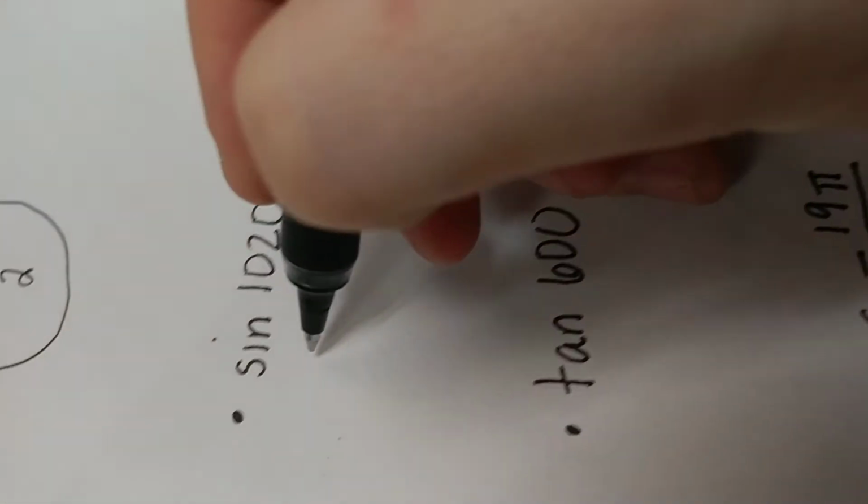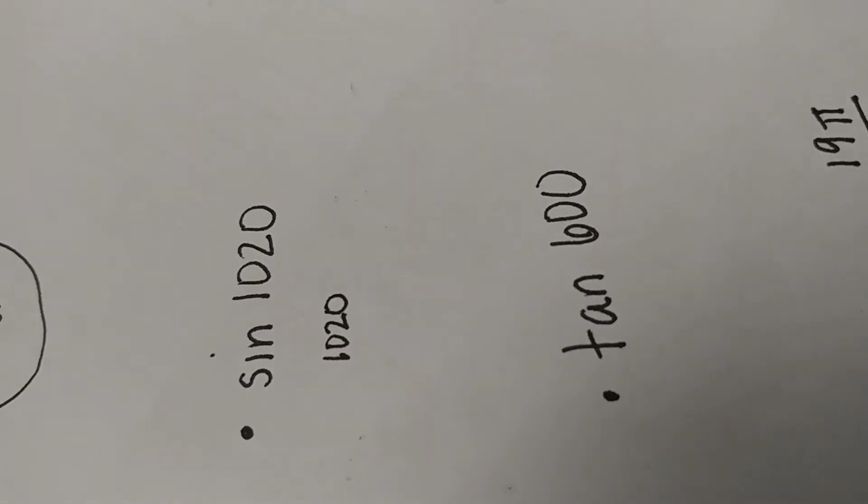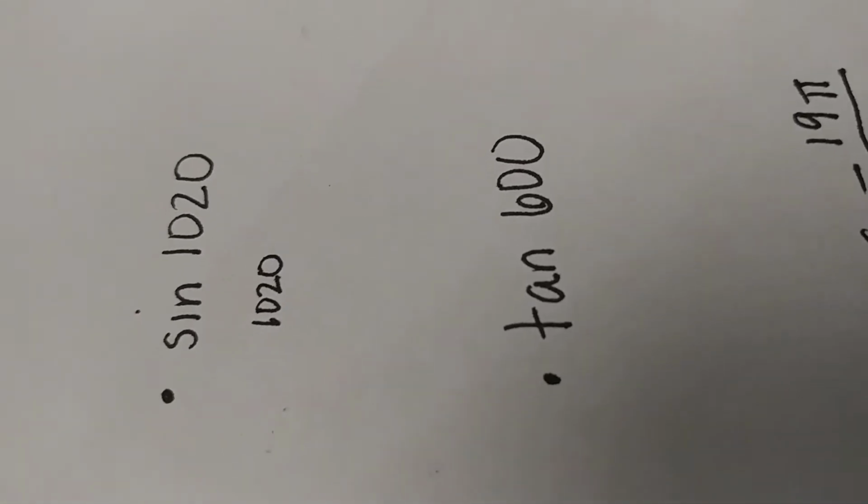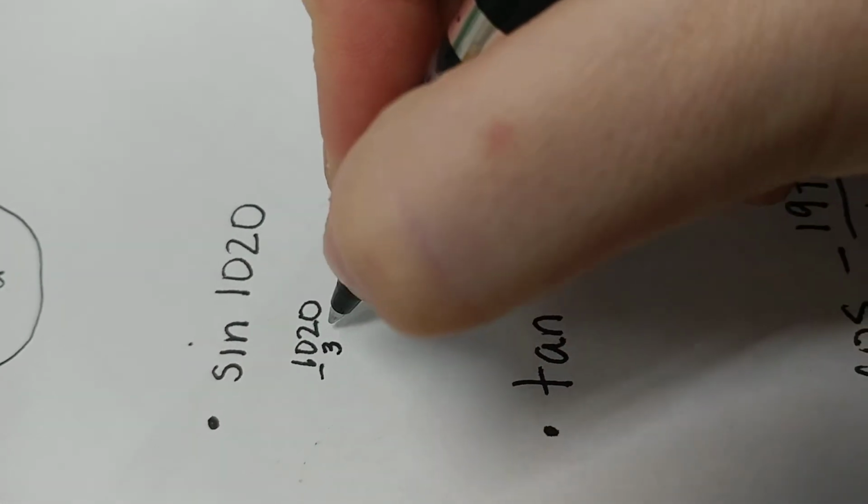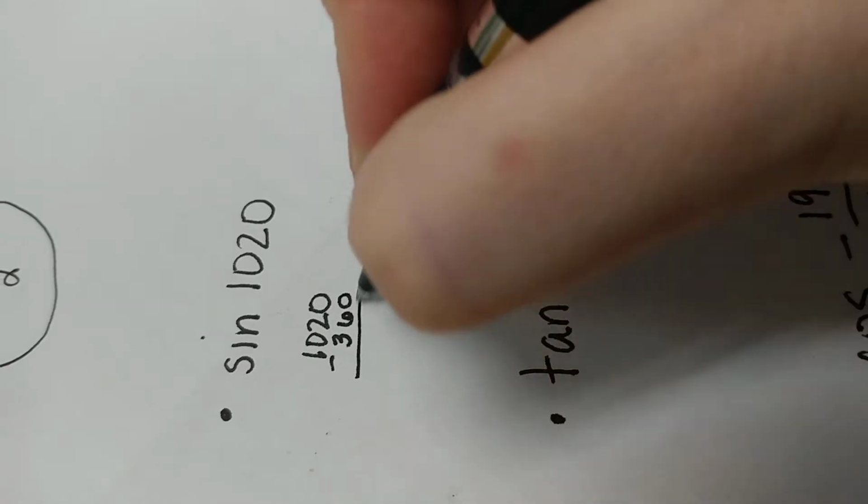Now what that means is if you see an answer like sine of 1020, that is obviously not on my circle because my circle only goes up to 360 degrees. So what I'm going to do is take that 1020, and I'm going to subtract a full circle from it.